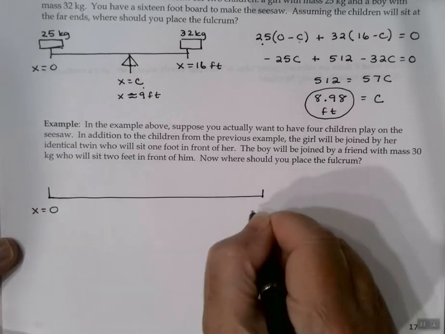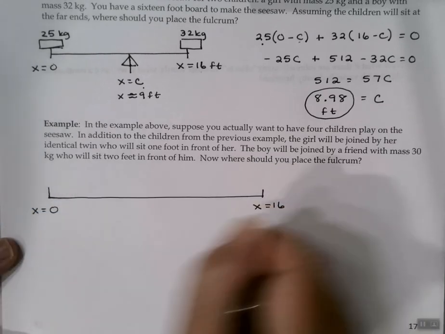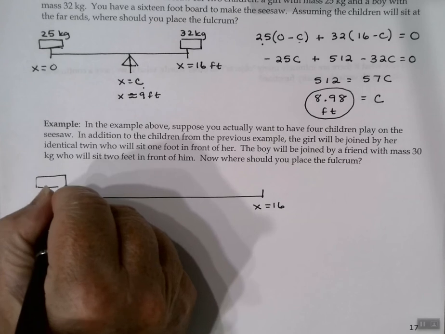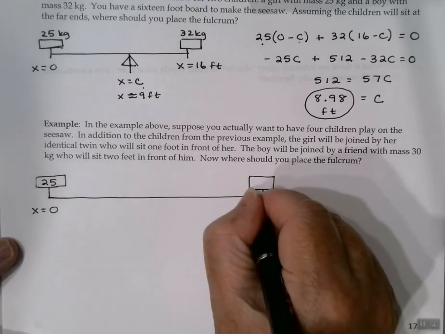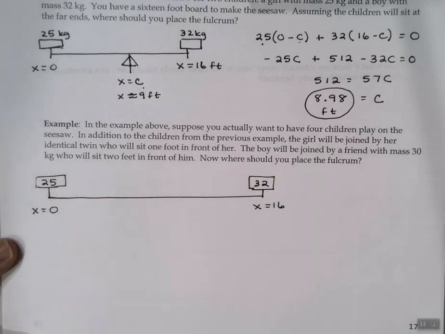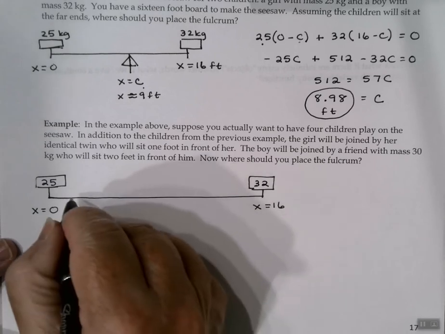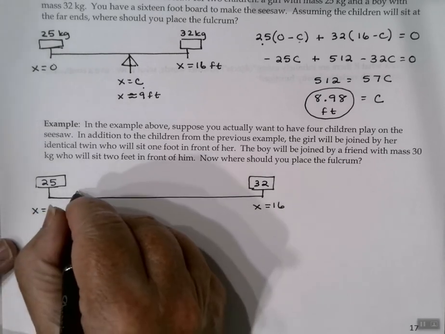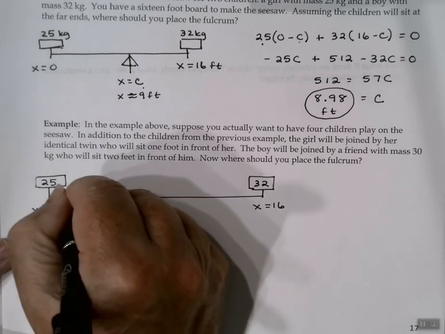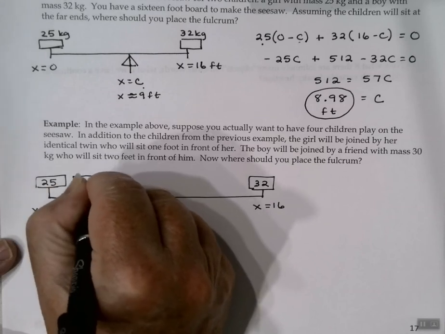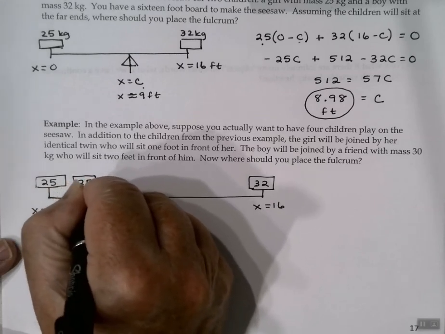So we have the same 16-foot board. And I'm going to start with the same 2 children we had. 25 kilograms here, 32 kilograms there. The girl has an identical twin who's sitting 1 foot in front of her. So this would be x equal 1. And if she's truly identical, I'm thinking 25 kilograms for her as well.